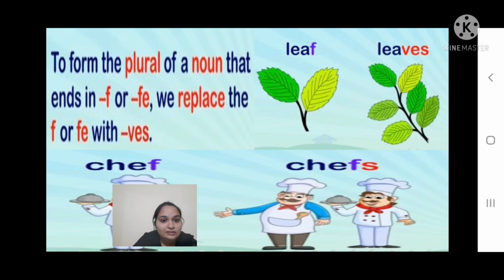They all end with f or fe and we remove it and add ves to make them plurals. But in the word chef, we just add s. This is an exception for this rule.